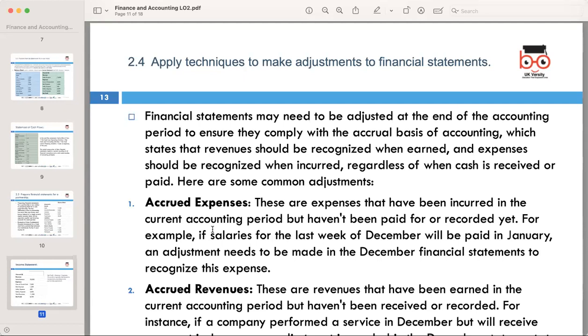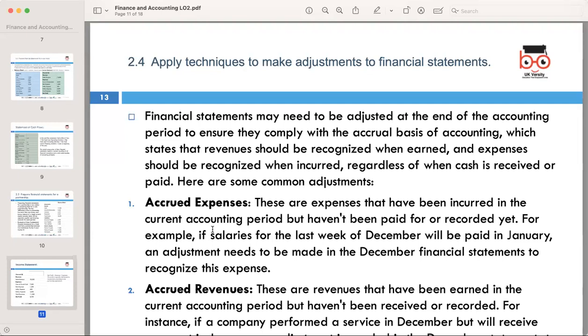Similarly, accrued revenues are revenues that have been earned during the current accounting period but have not yet been received or recorded. Imagine a company providing services in January. To reflect an accurate picture of the company's performance, we need to adjust the December financial statement to recognize this revenue.